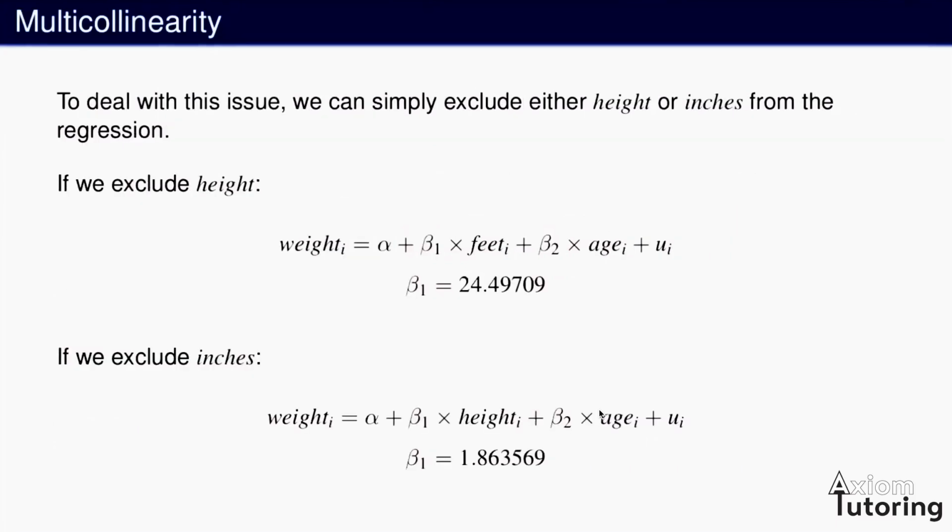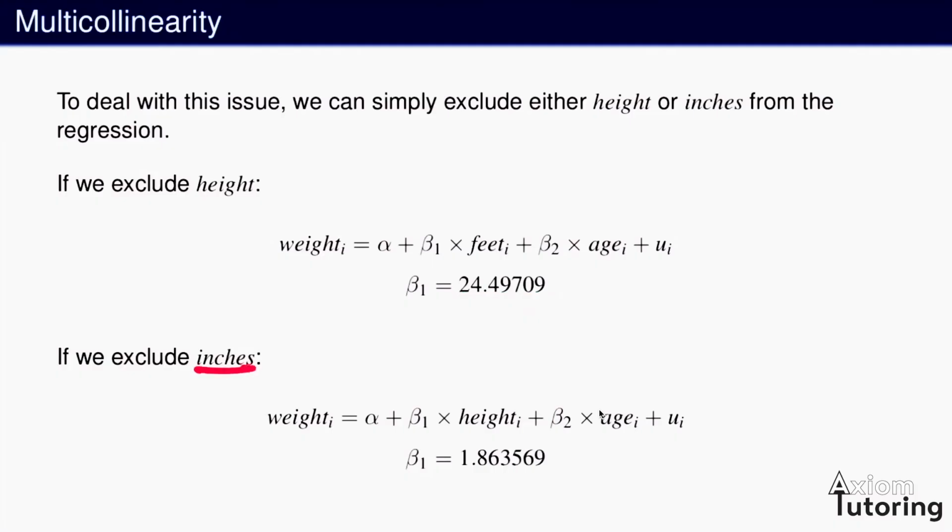What we could do to deal with this issue is to simply exclude either height or feet from the regression. If we exclude height, we get weight is equal to alpha plus beta 1 times feet plus beta 2 times age plus u_i, and we get a beta 1 that is positive, and it's 24.49.